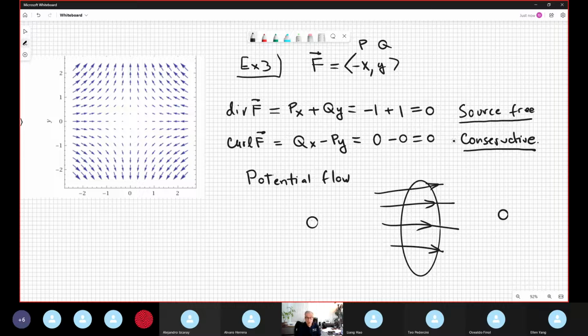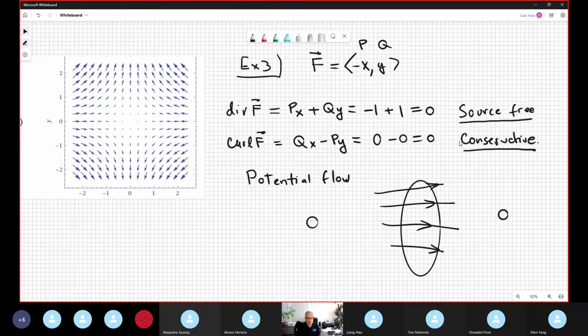Okay. Let me try to investigate this special case. That is conservative, but it's source-free. And together, it's called a potential flow. I promise when you study fluid mechanics, you see this potential flow, potential flow, potential flow. My goal is to give you the mathematical tools to understand this subject.